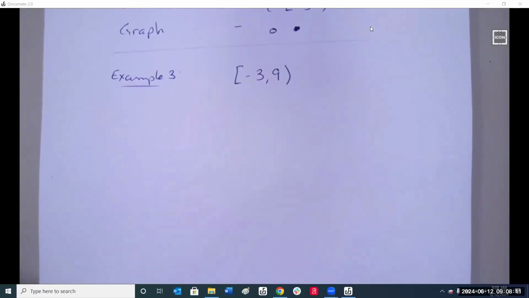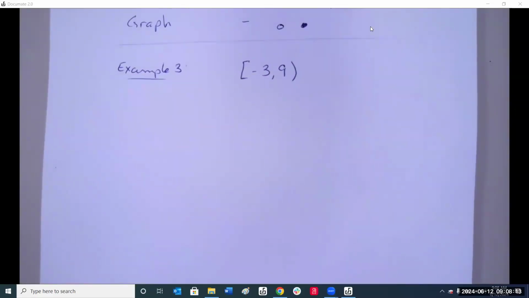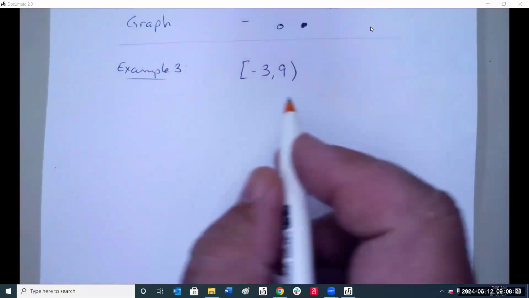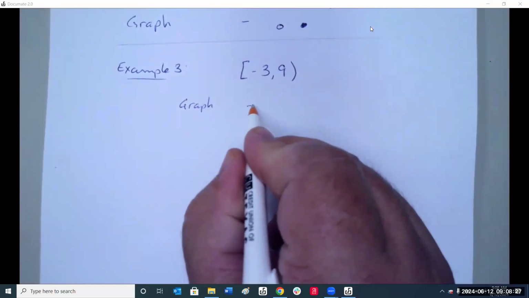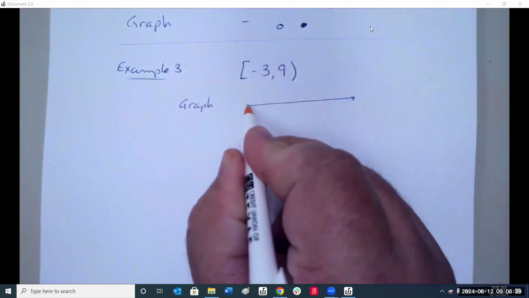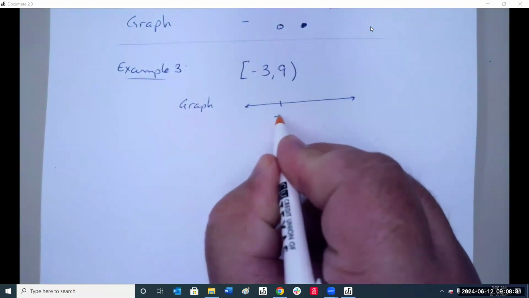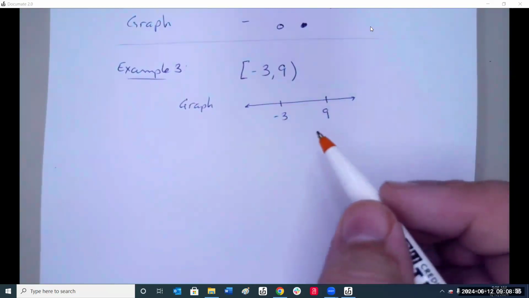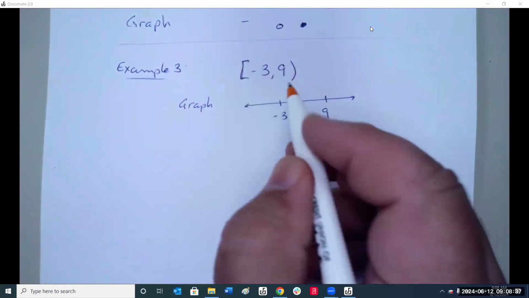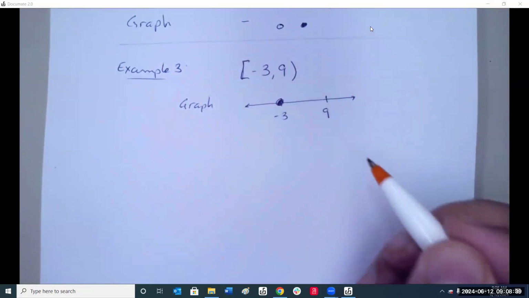Whenever you do a conversion of notations, always go through graphing first, because it's easier to interpret what that says. So how do we do this in graph notation? It's a bracket, so it's a closed circle.